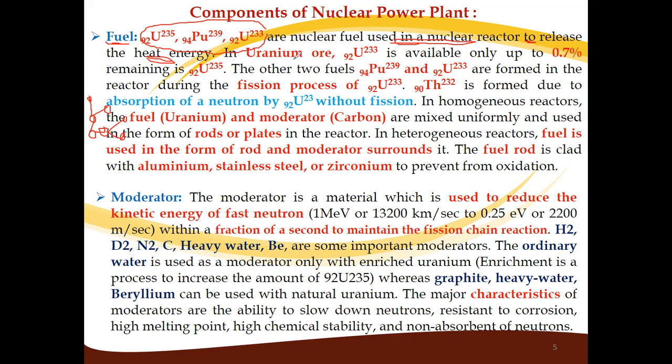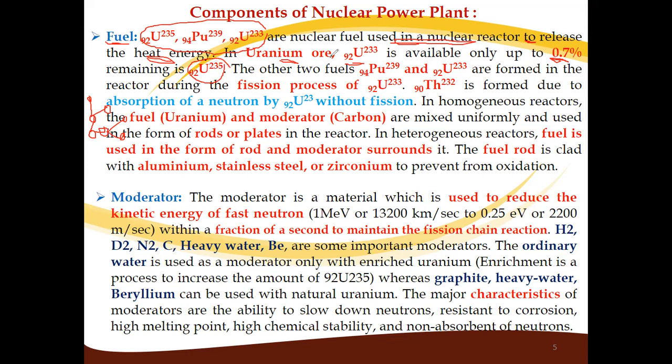Now in uranium ore, uranium 92-235 is available only up to 0.7%. All the remaining is uranium 92-238.